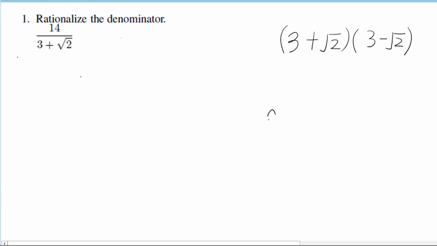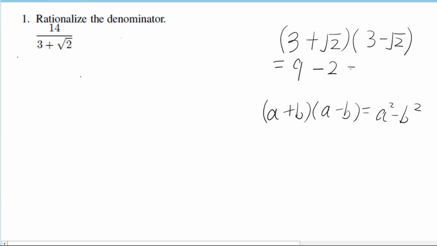We know this a plus b times a minus b equals a squared minus b squared. Therefore, for 3 squared, that's 9, minus square root of 2 squared will be 2, so you get 7.